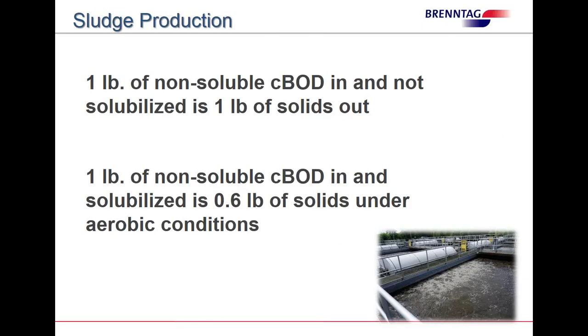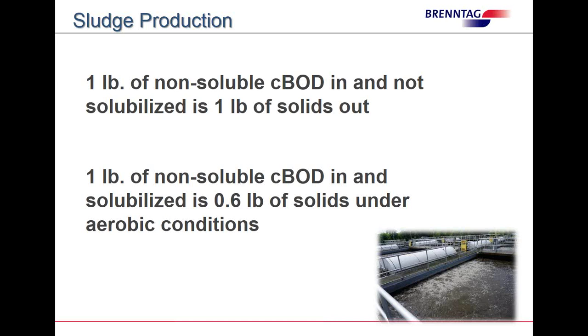Okay, here's the bottom line on sludge production. When engineering companies design wastewater treatment plants, if you think about the first statement, 1 pound of non-soluble BOD in and not solubilized, you're going to get a pound of sludge out, solids out.